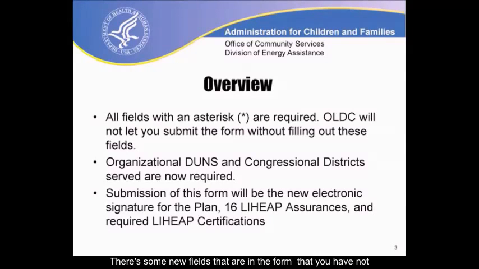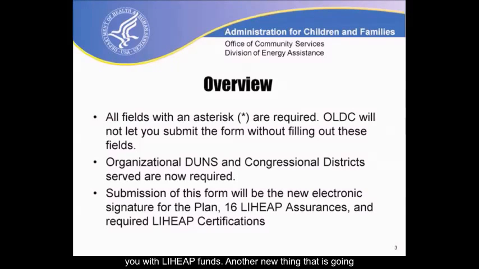There are some new fields in the form that you have not seen in the past, such as the organizational DUNS number, and congressional districts that are being served by you with LIHEAP funds.